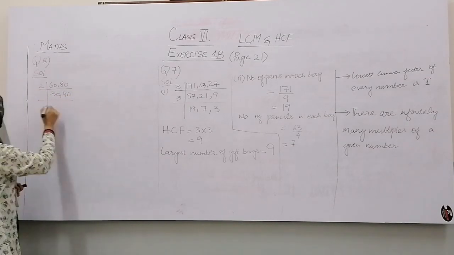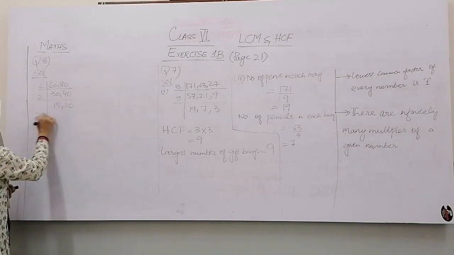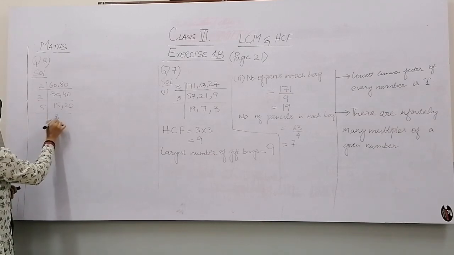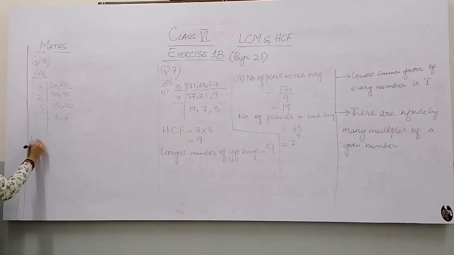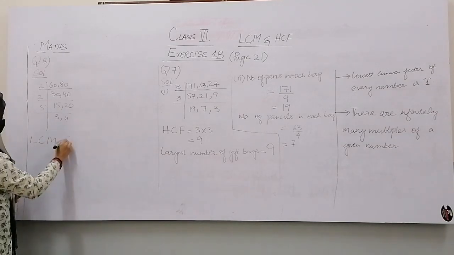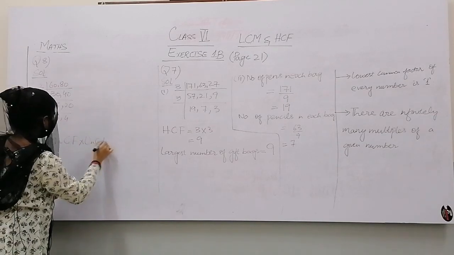Both of them are divisible by 2, still divisible by 2. Now they are divisible by 5. So their LCM is common factors multiplied by uncommon factors.